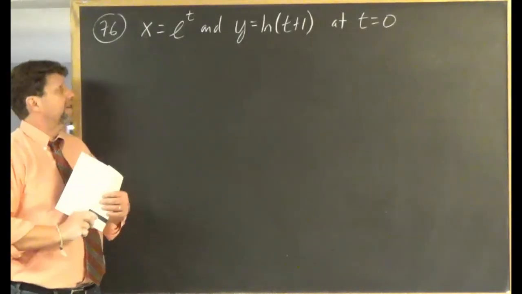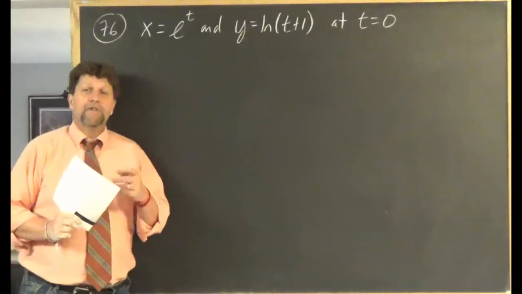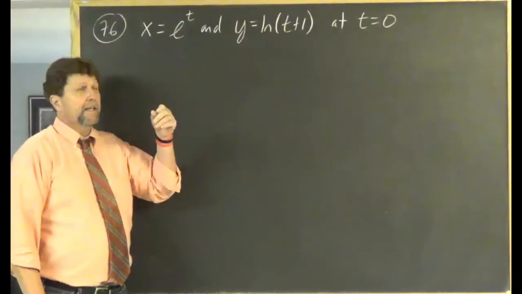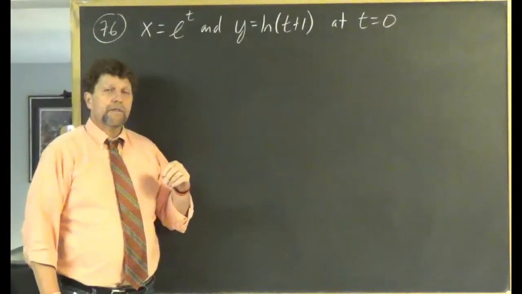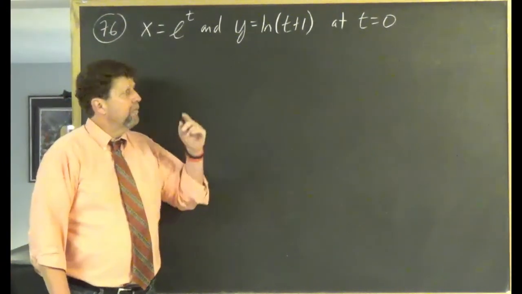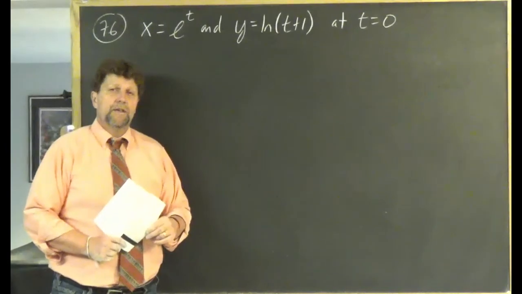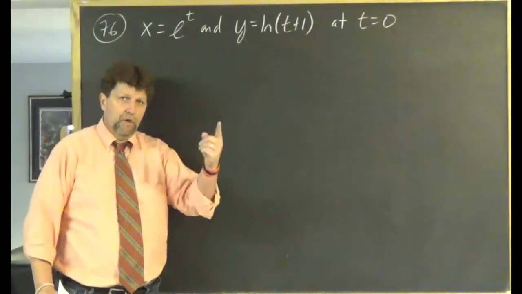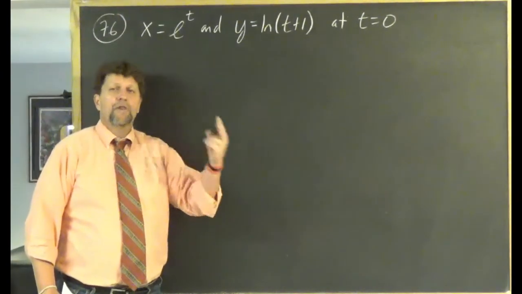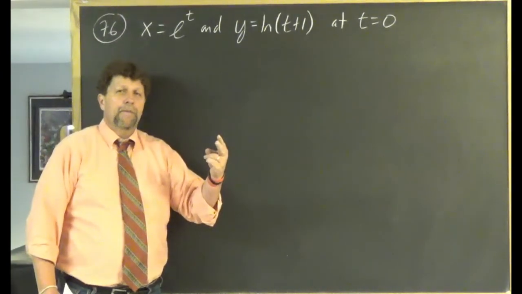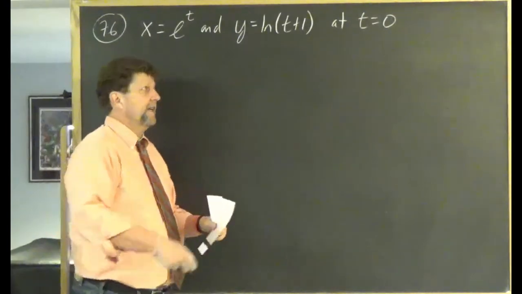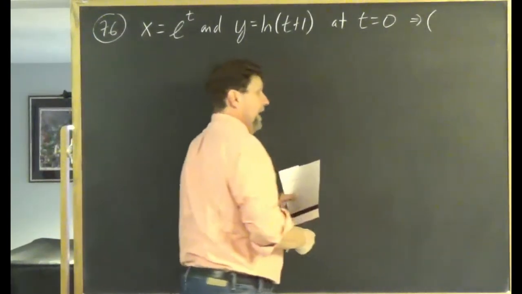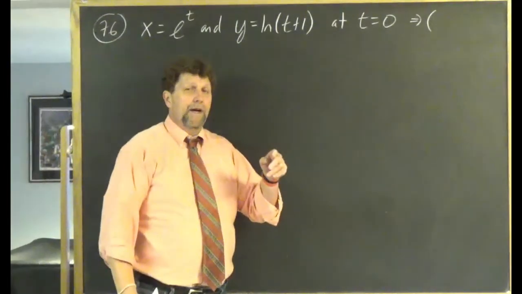All right, folks, number 76, you were asked to find the equation of a tangent line to the curve given by x equals e to the t, y equals natural log of t plus 1, at t equals 0. So, for the equation of a tangent line, we need to know the slope of the tangent line and the point of tangency. I'm going to start at the point of tangency again. t equals 0 tells me exactly what point I'm at.